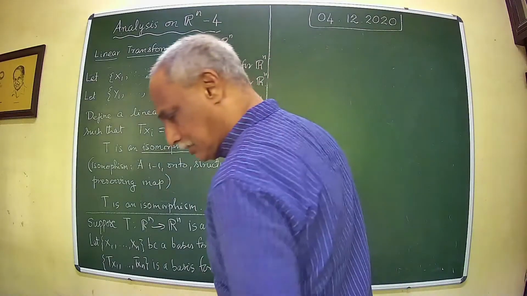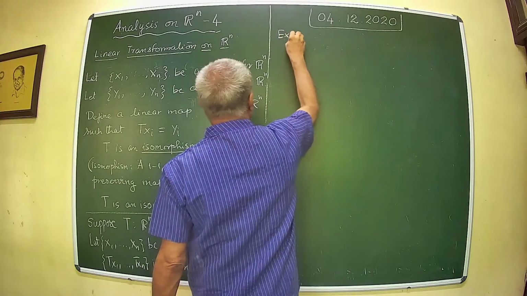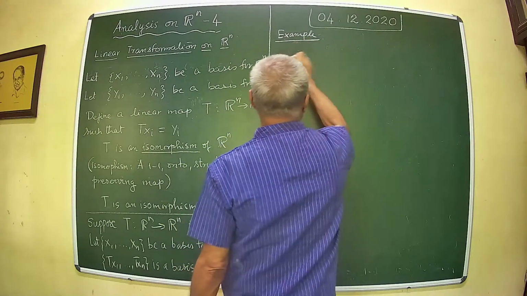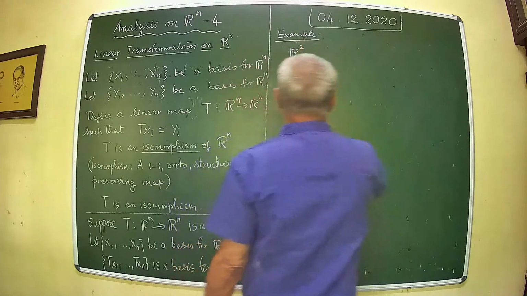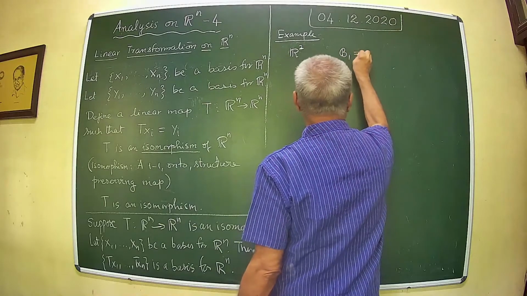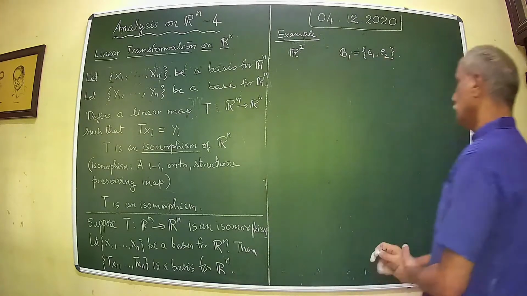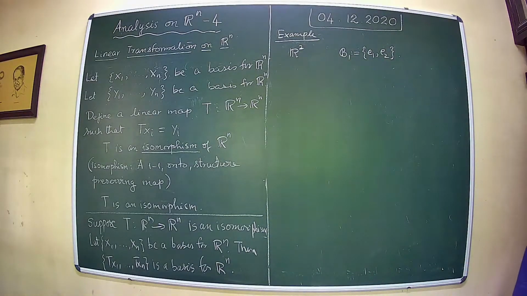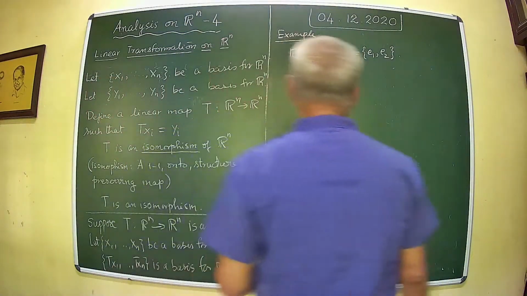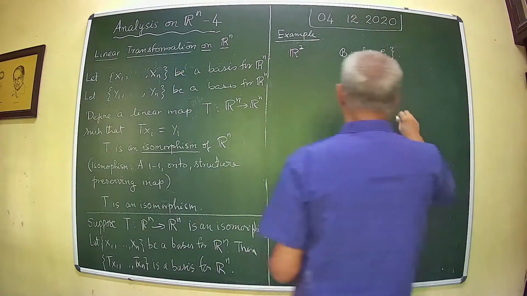For example, let us take R2. Now let us take a basis B1, the standard basis. Now what I do is I map from R2 to R2 the following map.